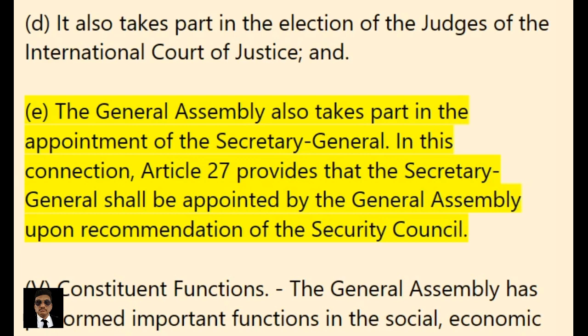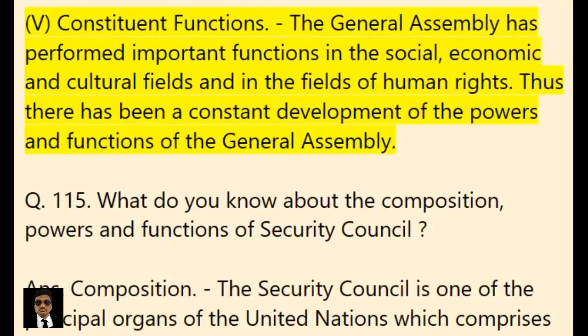Constituent functions. The General Assembly has performed important functions in the social, economic and cultural fields and in the fields of human rights. Thus there has been a constant development of the powers and functions of the General Assembly.